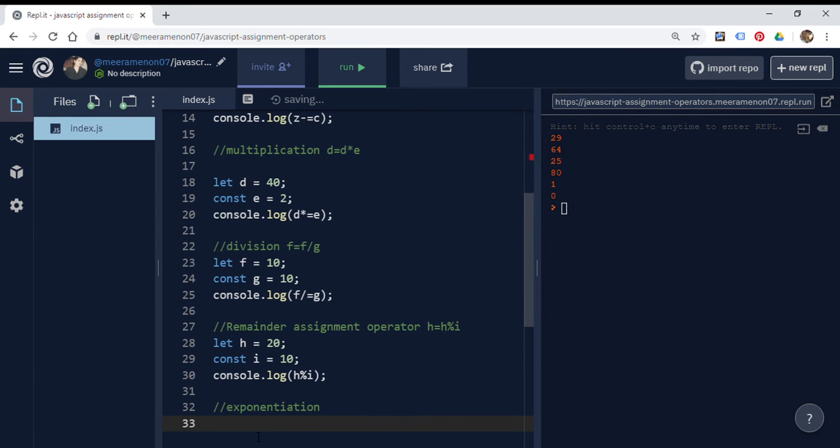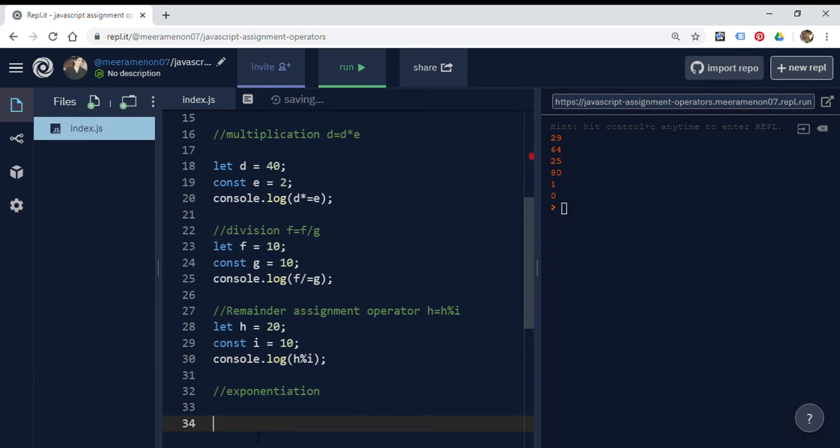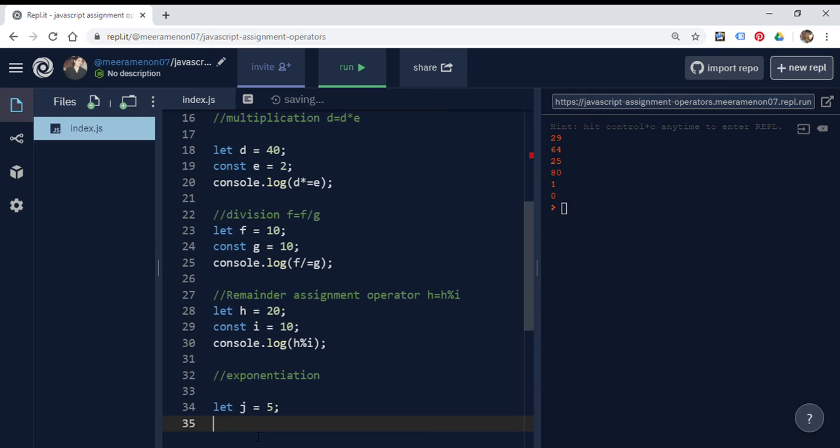Exponentiation. Let j equal 5, const k equals 2.